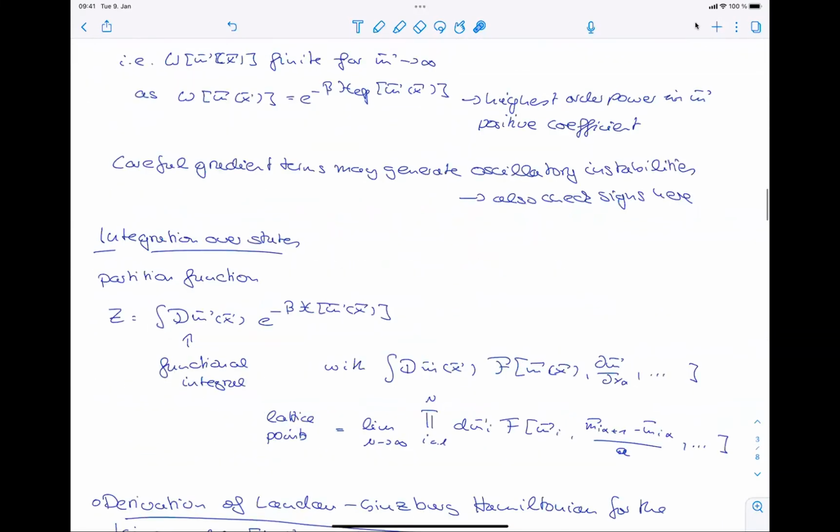Here we go, which defines the weight of the individual field configurations when we sum over all field configurations. And if we want to do this sum over all field configurations, we expect those to contribute and dominate the state of our system where the Hamiltonian is extremal.